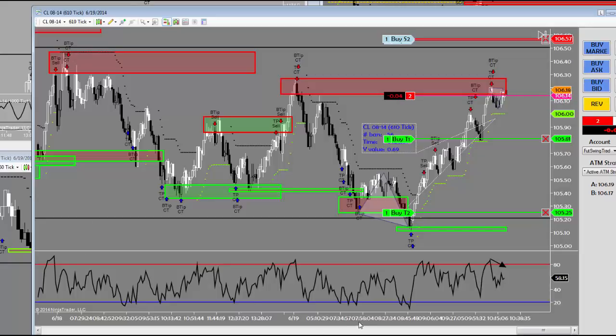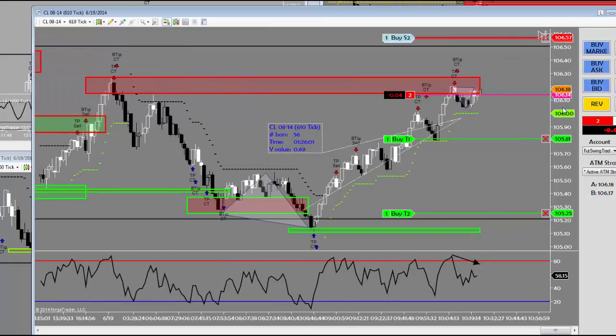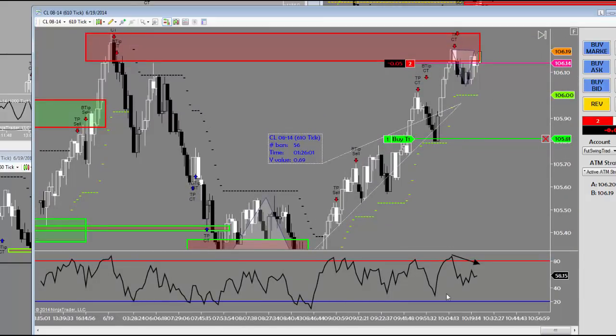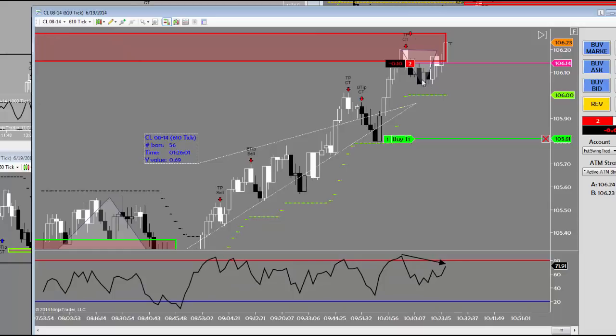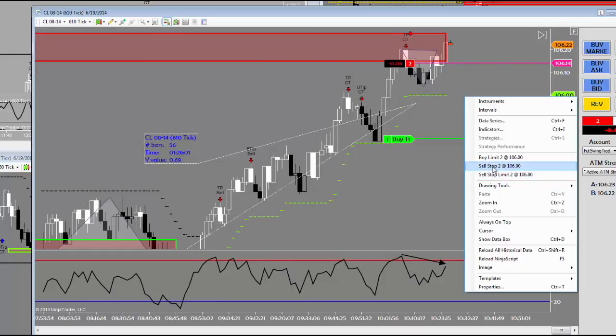Now, the other way to trade it, I would not be short right here. Instead, I take the swing low right here that exists, and I would put my sell stop right there. That's going to require additional confirmation.